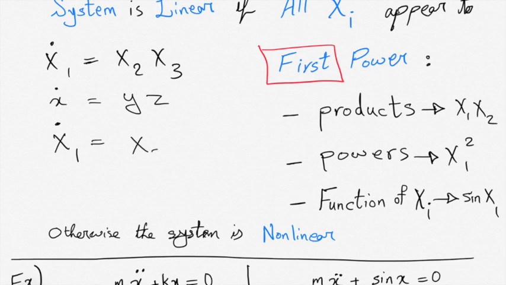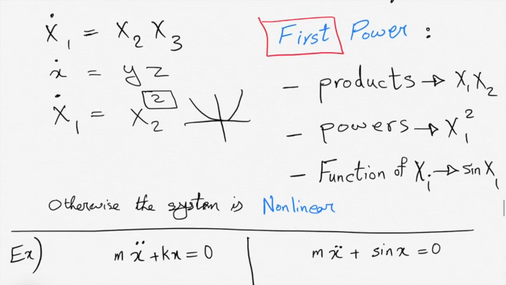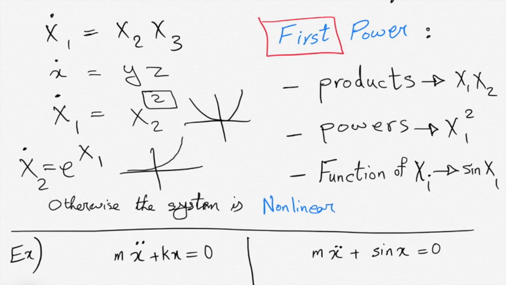x1 dot is equal to, I don't know, x2 to the power 2, then we saw, right, this is not a linear one. Or if we have a function of xi, whatever it is, like e to the power x1, for instance x2 dot is equal to e to the power x1, then it's going to be something like this, right?